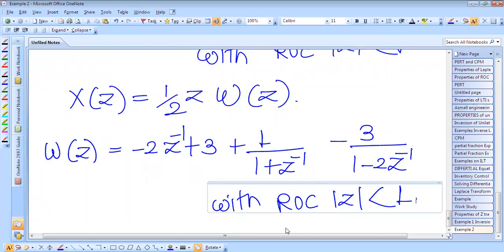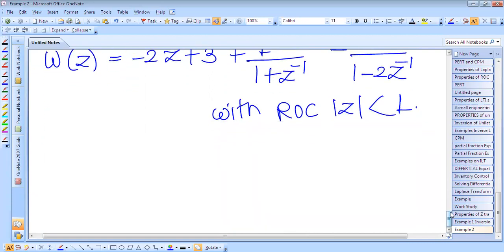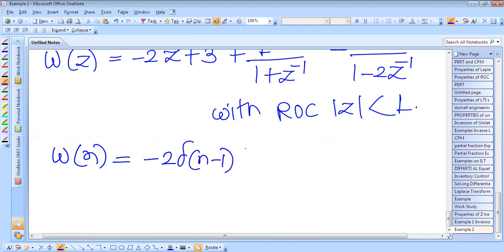So the ROC has a smaller radius than both the poles, and therefore the inverse Z transform of W of z is minus 2 into delta of n minus 1 and plus 3 into delta of n.